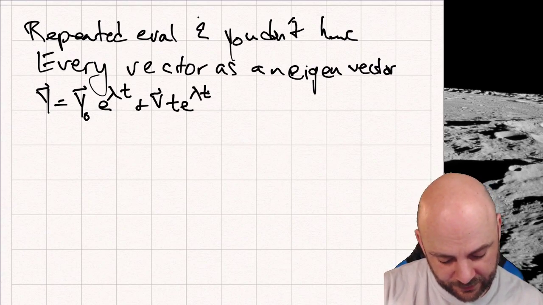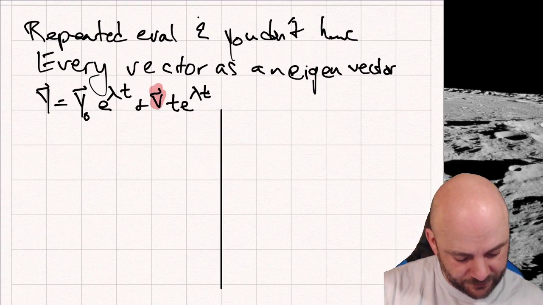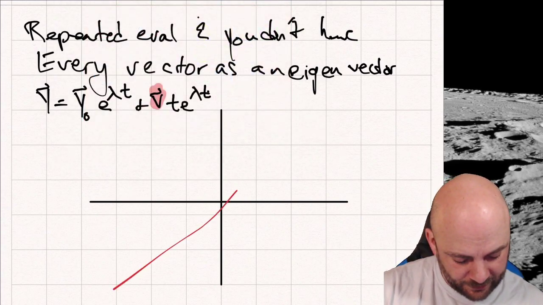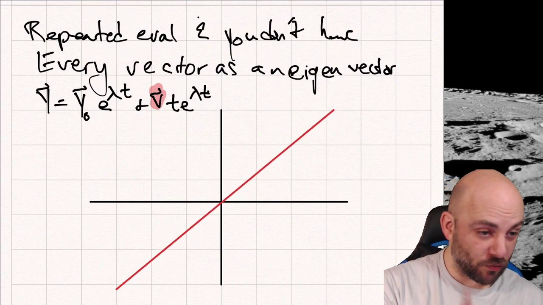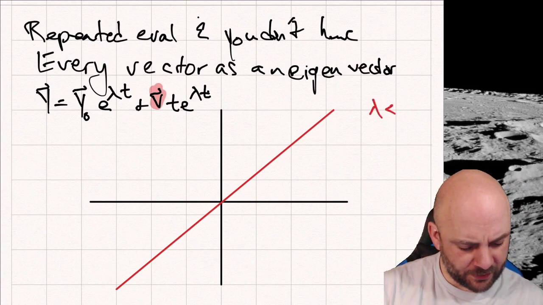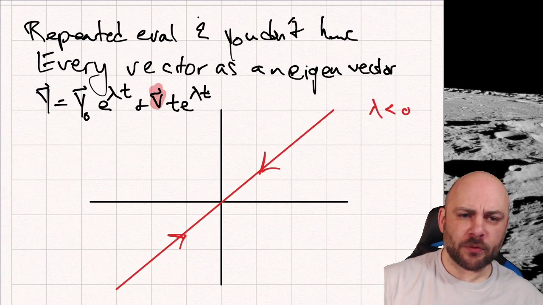Okay, so how do I do this? Take our eigenvector here. Eigenvector is in red. Okay, so I know along my eigenvector, I need to be a straight line solution. Let's go ahead and just assume that lambda is negative, so that I'm crashing into the origin around there.